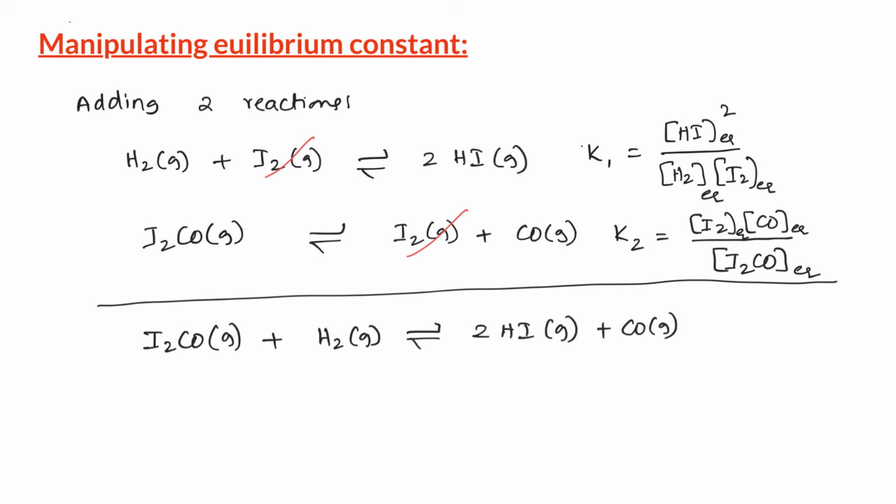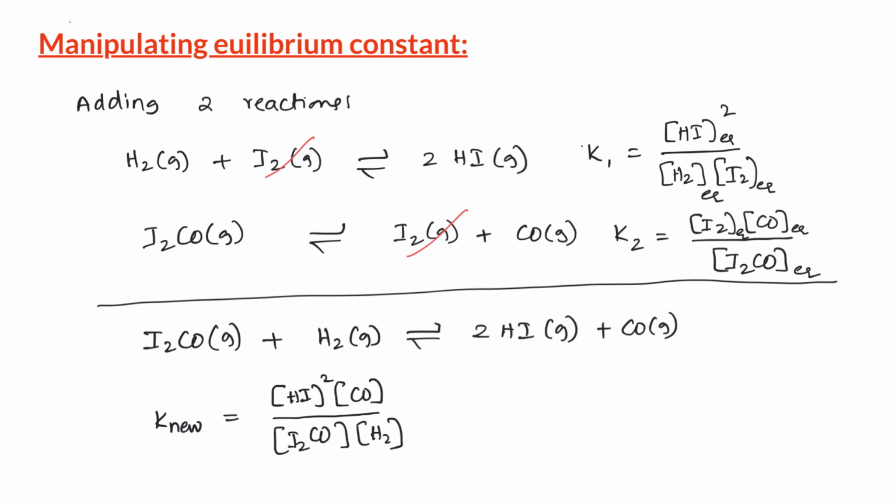Let us now write the equilibrium constant expression for this overall reaction. K nu is equal to the concentration of HI squared times the concentration of CO divided by the concentration of I2CO times the concentration of H2 at equilibrium.